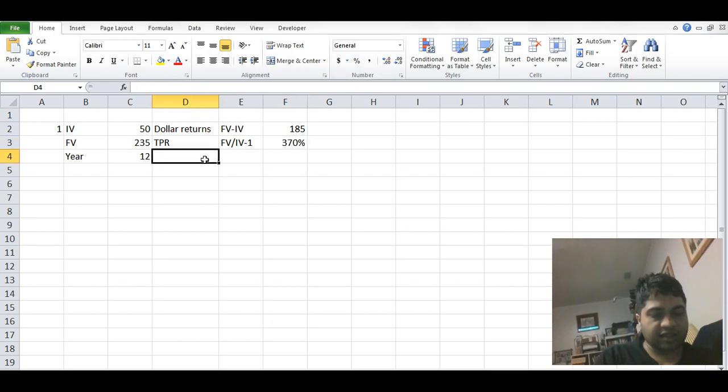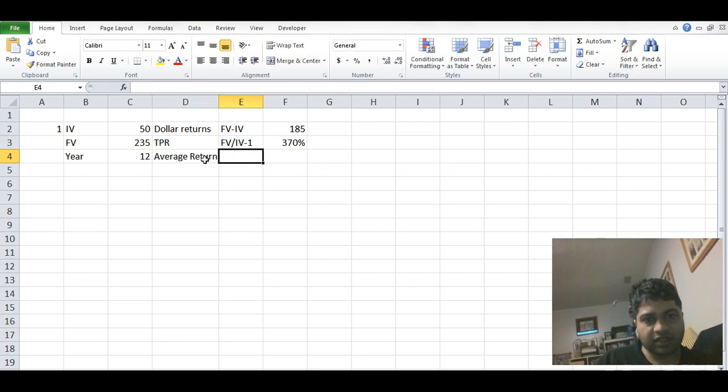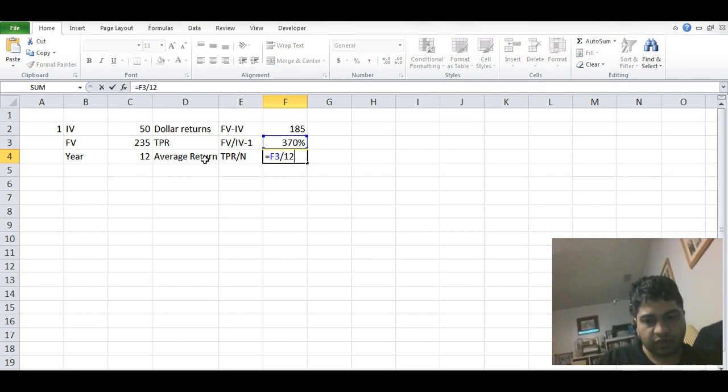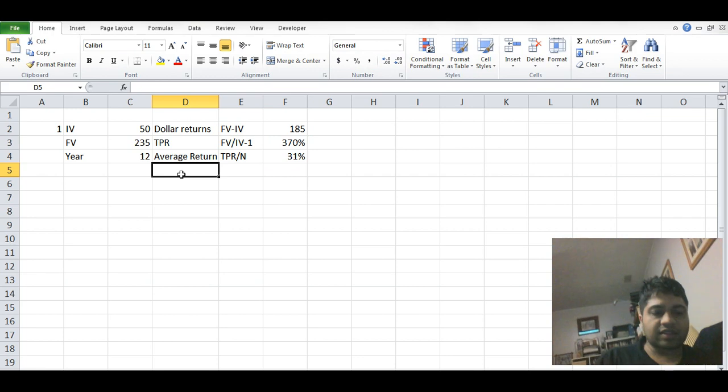Next they are asking you to find average returns. The average returns formula is the total percentage return that you calculated in the previous step divided by the number of years, n. So it is 370 divided by 12, somewhere around 30%. Then they are asking you the geometric mean.